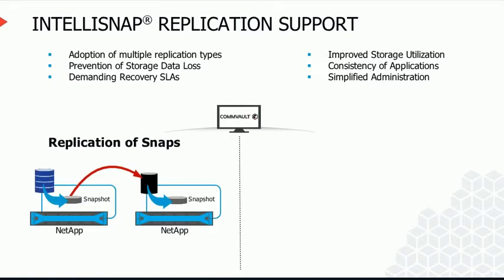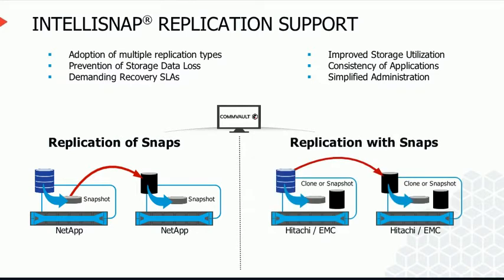CommVault has long been providing the replication of NetApp-based snapshots through its integration with NetApp SnapVault and SnapMirror technologies. CommVault next-generation software now introduces an IntelliSnap open replication framework. The key difference here is that CommVault becomes replication aware and utilizes existing relationships in the vendor asynchronous or synchronous replication software.